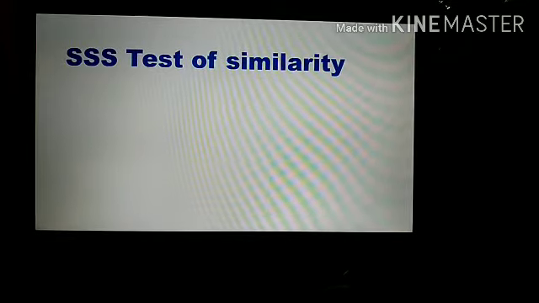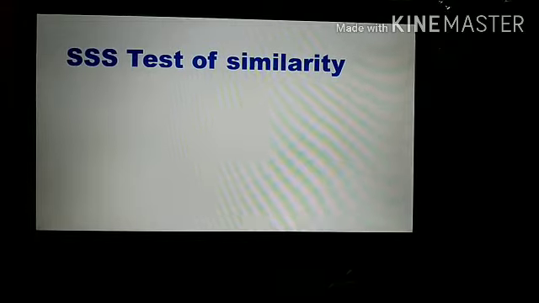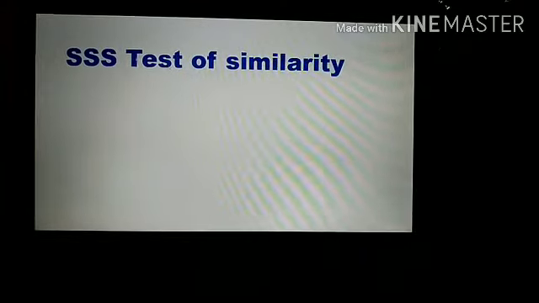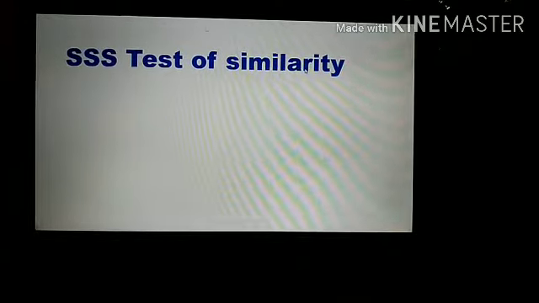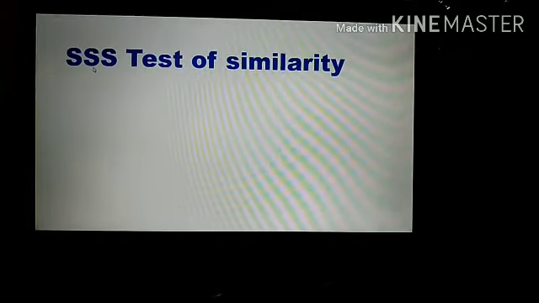Now, in today's session, we are going to learn the last test of similarity, that is the SSS test of similarity of triangles. Here each S in SSS stands for the sides.